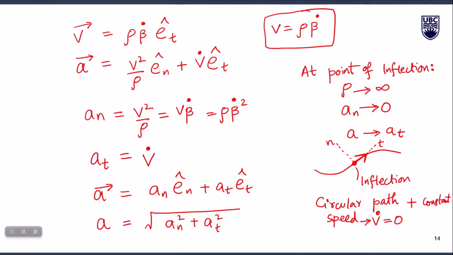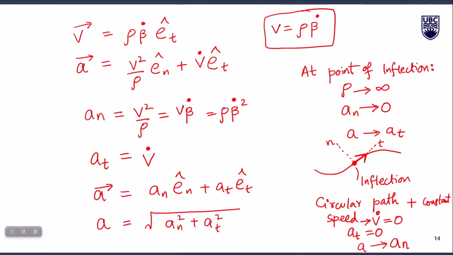Or any curved path with v dot equal to 0, in that case a sub t will become 0, right? And the acceleration will have only a normal component, so a will only approach a n. No tangent component if a particle is moving with a constant speed, which means v dot is 0, right?